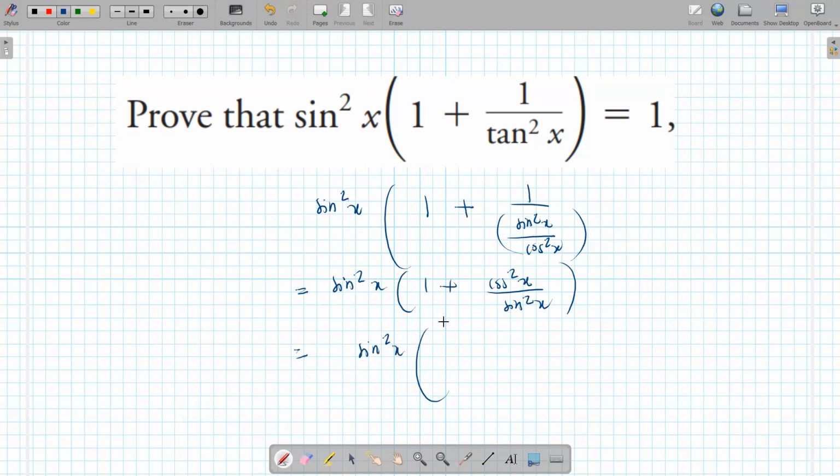So you're going to get sine squared x plus cos squared x divided by sine squared x. What's sine squared x plus cos squared x? It's 1, right? So this entire thing is 1, and then sine squared x and sine squared x cancel out. So essentially it's 1 over 1, which is 1. And that's what they have on the right side, and you are done.